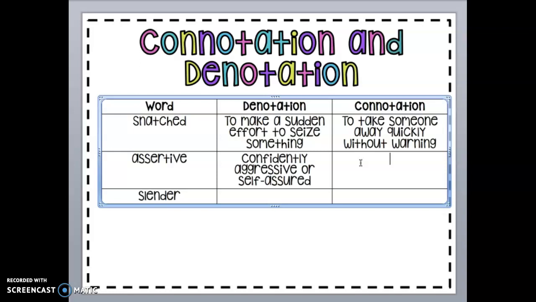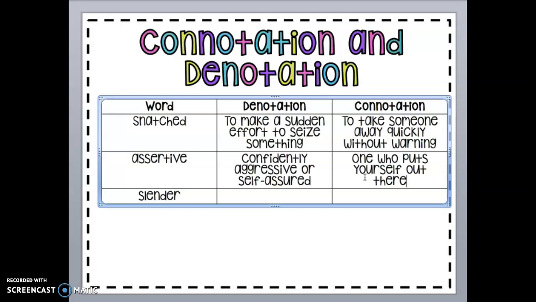So connotation for assertive is going to mean if you're assertive, you are one who puts yourself out there. Now, that means like in a conversation or in a group of friends, you're the assertive one. Sacagawea, she inserted herself. She was assertive. She was confident, but she always made sure to put herself out there, even if she was being annoying to her brother. Okay? So let's look at the word slender.